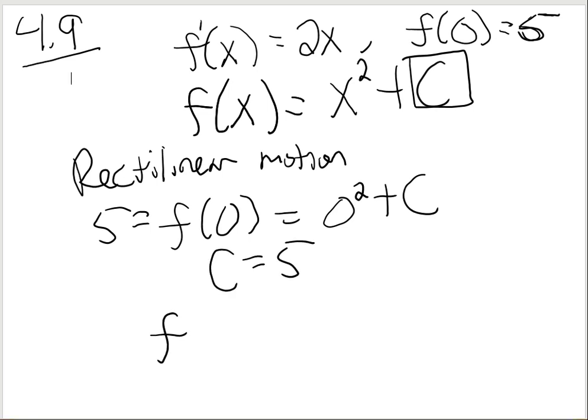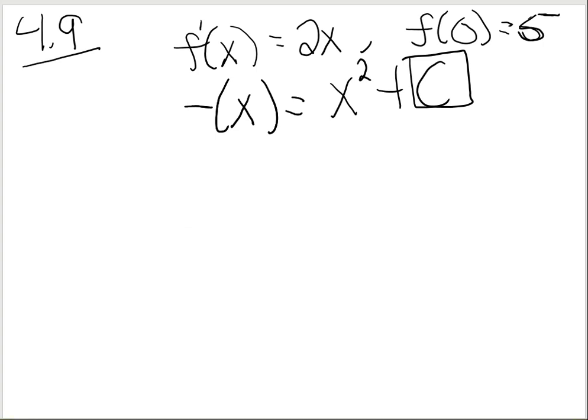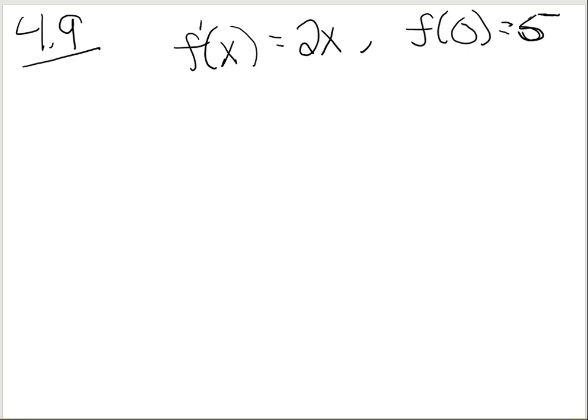So now I can actually give you, what is this function? Well, it's x squared plus 5. These sort of things are often called initial conditions. And they show up a lot in different fields, not just in physics with motion.